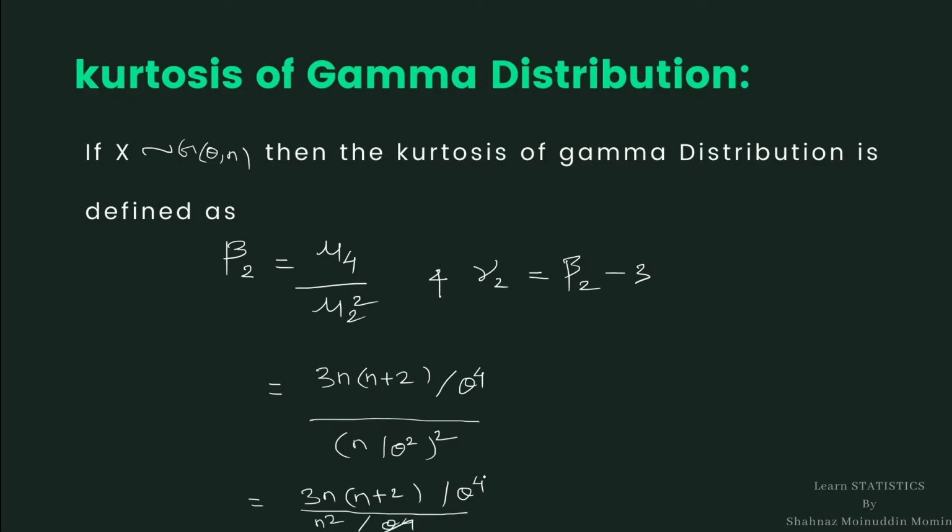This theta raised to 4 gets cancelled. One n from numerator and denominator gets cancelled.